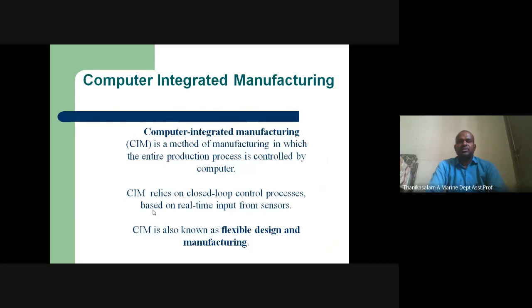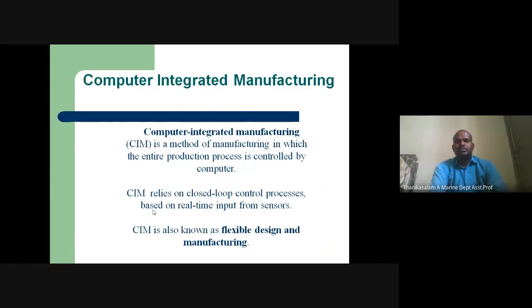So everything related to computers is increasing day by day. If you want a highly competitive industry, it must include CIM systems, computer integrated manufacturing. Already they have started. In small scale industry, they are using only manpower and single conventional machines. So here I want to stop.